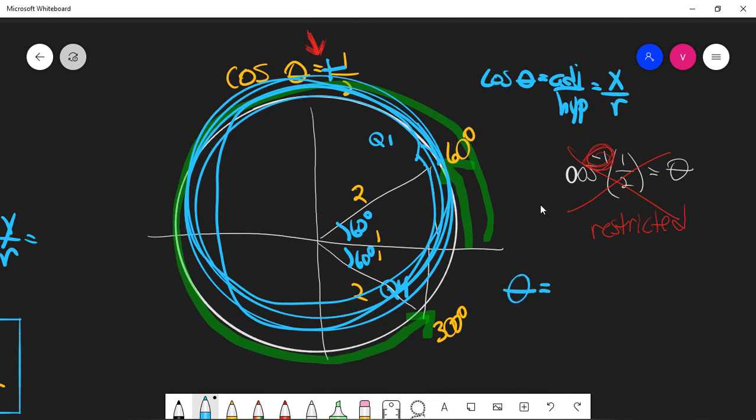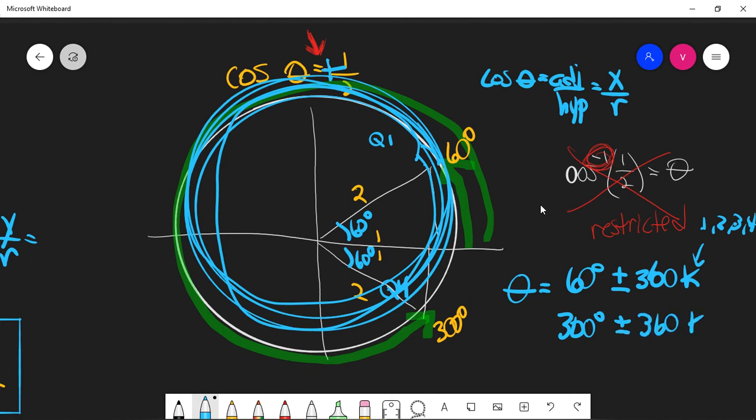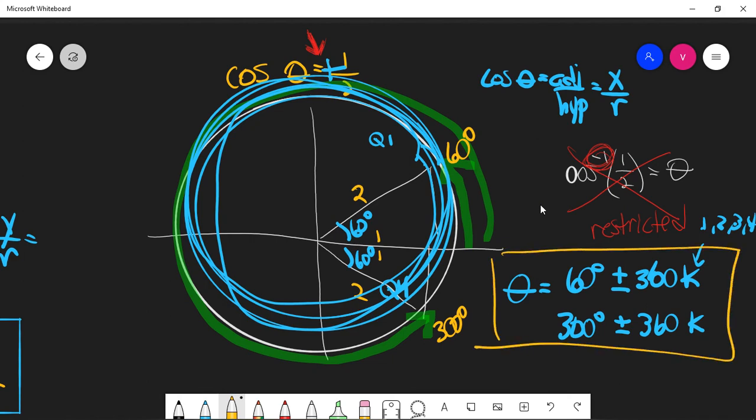Your angle is 60 degrees plus every forward rotation, and that K stands for 1 or 2 or 3 or 4, the first rotation, the second, third, fourth, or backwards from 60: backwards 1 rotation, backwards 2, backwards 3, all rotations of all time, or 300 degrees plus or minus every forward or backward rotation. And that is your answer for that one.